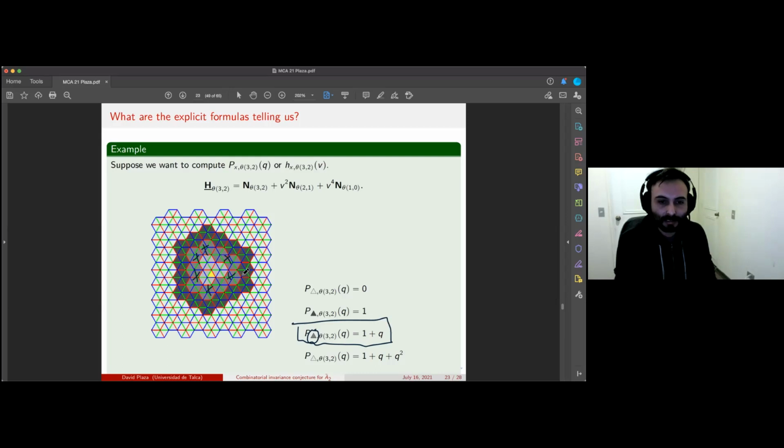And the point here is that any of these four regions, the white region, this gray region, this intermediate region, and this light gray region, can be defined using only the Bruhat order.